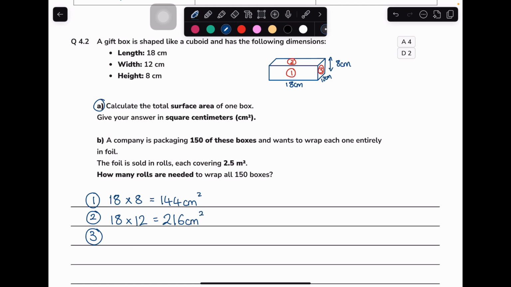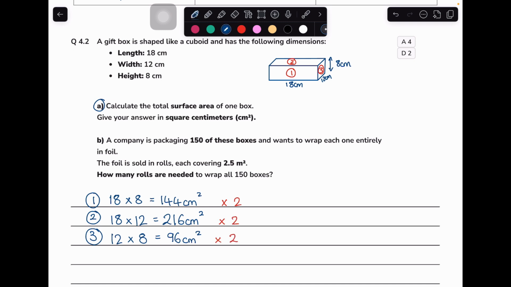And then our last side is going to be our 12 multiplied by 8, which is 96 centimeters squared. Now remember, I don't only have 3 sides. Each of these 3 sides have a side that's paired with it, and they're the same. So we need to multiply all of these by 2.